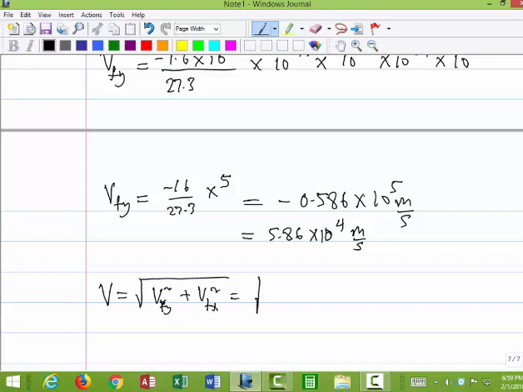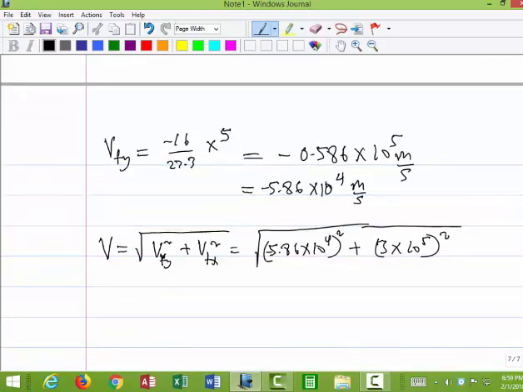So we shall take the square root of 5.86 times 10 to the power 4 squared. Let's put a negative if you like. The negative goes away when you square it, and then this will be 3 times 10 to the power 5 squared for the X component. That will give us the magnitude of the speed when it hits that target. So the final speed is 3.1 times 10 to the 5.